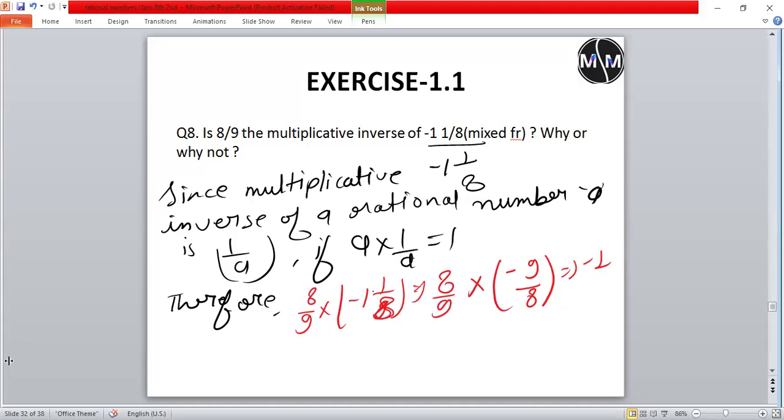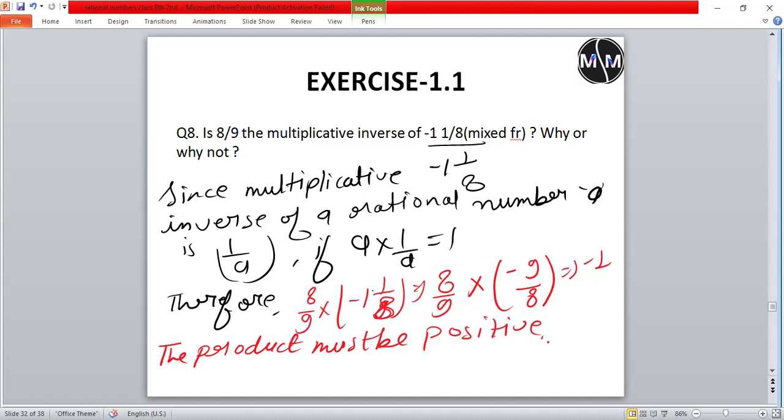But the product must be positive 1 for a multiplicative inverse. Therefore, 8 by 9 is not the multiplicative inverse of minus 1 by 8.